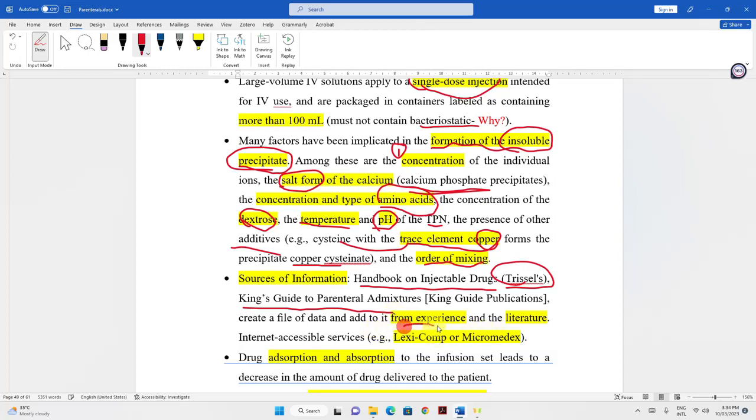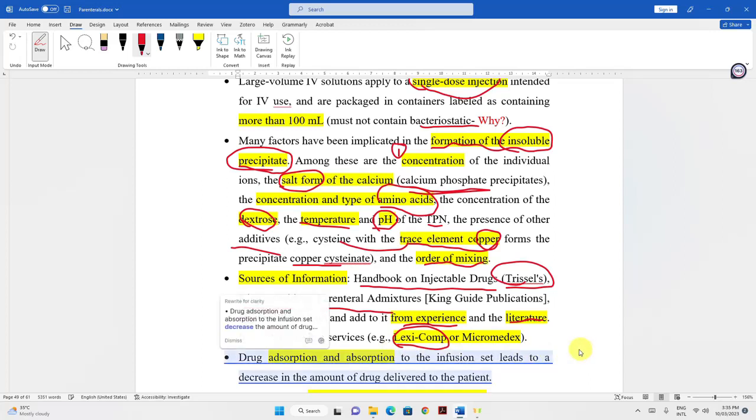And you can also develop, from your own experience in the hospital, a procedure: okay, I noticed that when this was mixed, a precipitation happened, so it should not be done. So from your own experience and from the literature, especially primary literature, and we have readily accessible databases such as Lexicomp, which you will learn about how to use in the drug information tutorial.